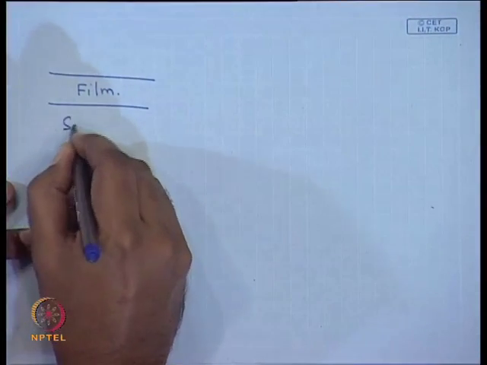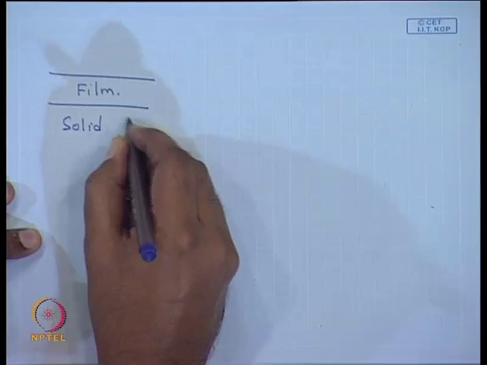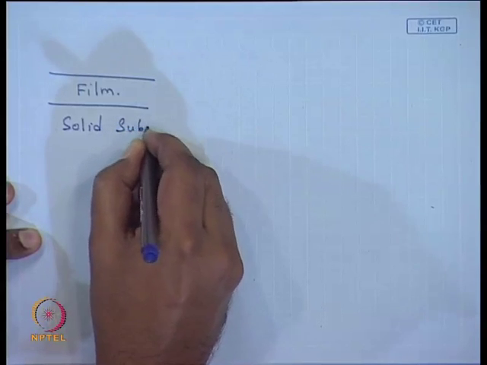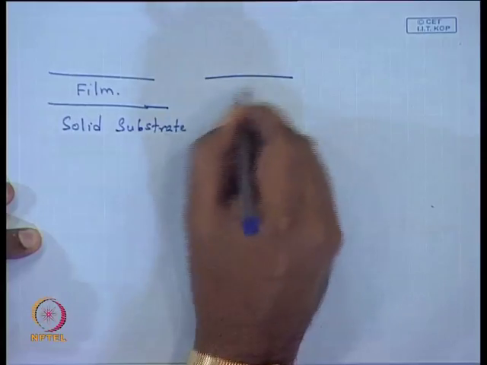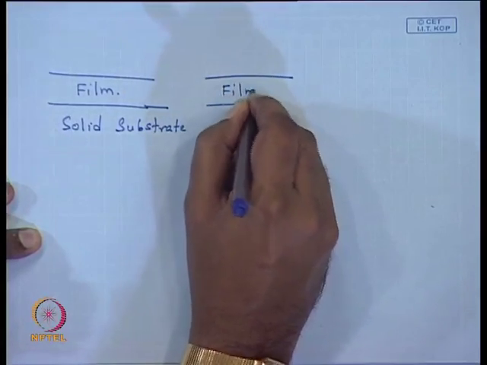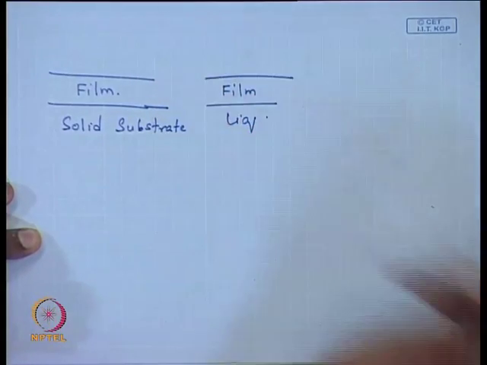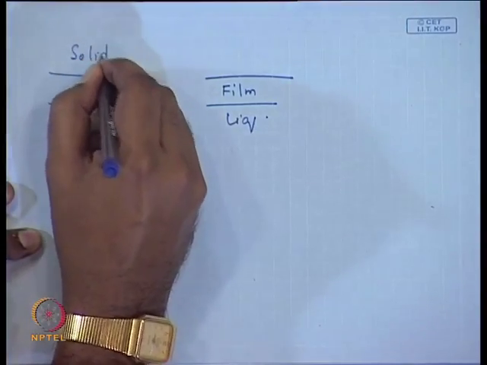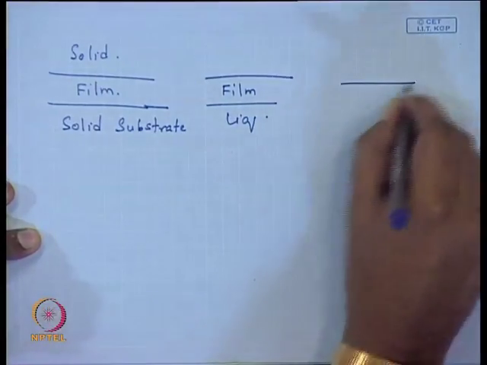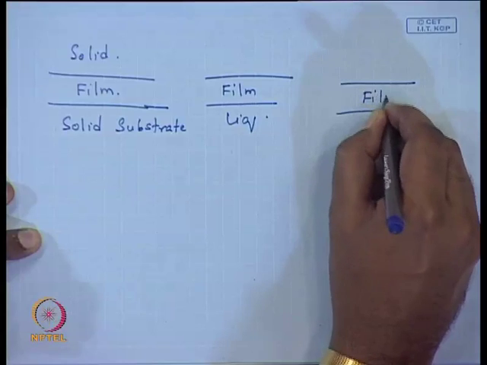Here you have a film. This film can be on a solid, on another solid, which is often referred to as a substrate. This film can also be on another liquid. The film can be sandwiched between two solids, or the film can be self-standing.